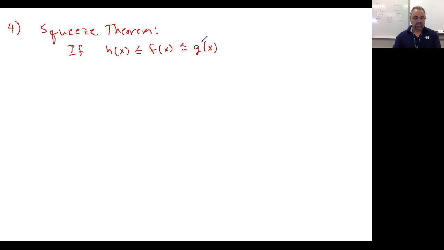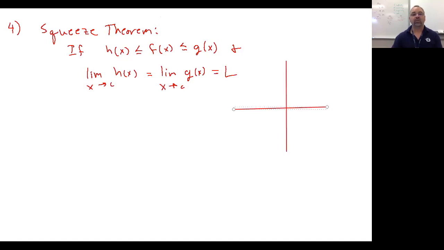and if those two limits are the same, if the limit as x approaches c for h of x is equal to the limit as x approaches c for g of x, they're both the same number, let's call it L. So look, f is squeezed in between those two. I like to draw this one sometimes.